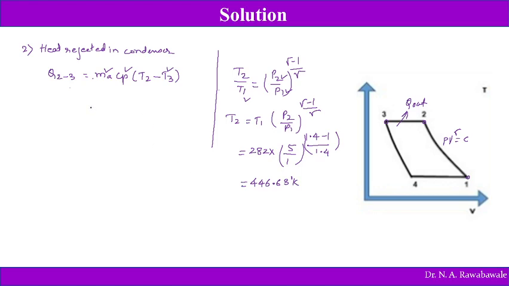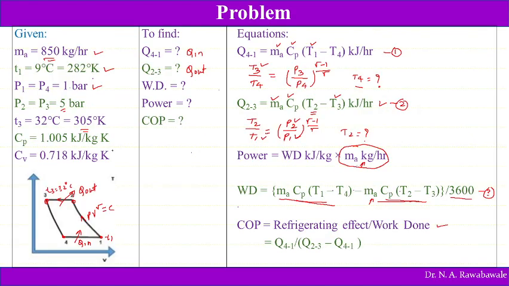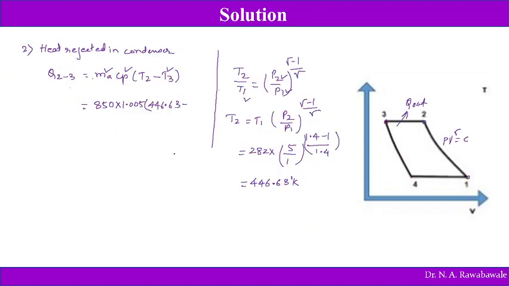Now we can find the heat rejected. Mass flow rate MA is 850 into Cp is 1.005, into T2, which is obtained now as 446.63, minus T3. T3 value, given in this problem, is 305 degree Kelvin.